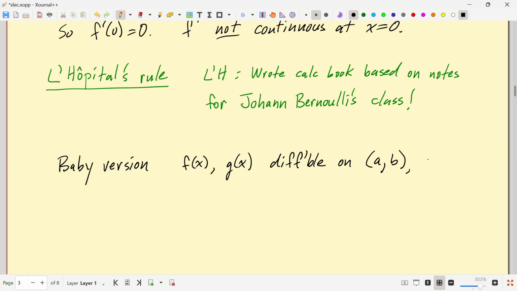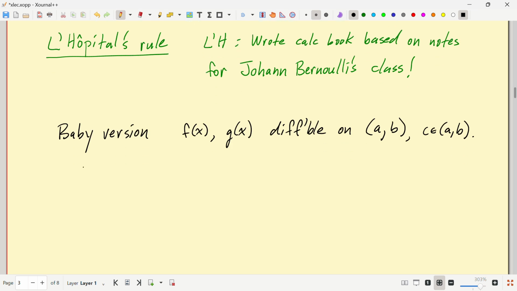And I'm going to look at c in that interval. I need f of c and g of c to both be 0 to use L'Hopital's rule. Otherwise, you get stuff that's pure garbage.